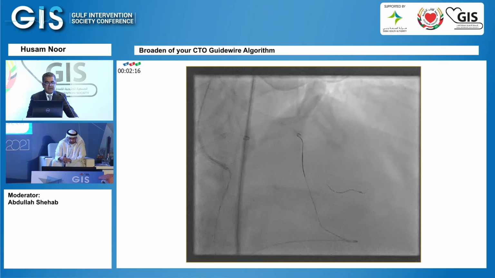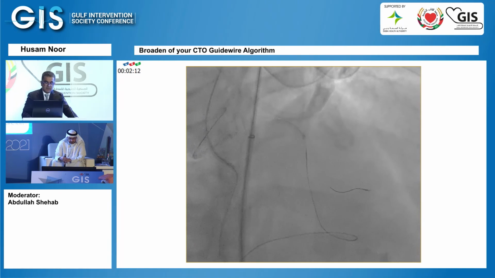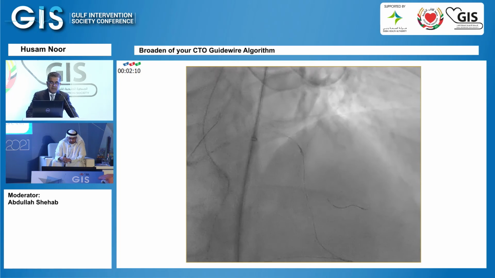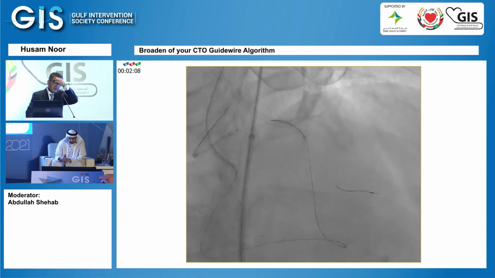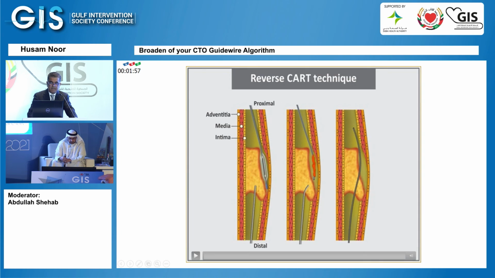So we did that with the Gladius, and the wire goes into the guide extension. And you advance your retrograde microcatheter, exchange your Gladius to RG3, which is your externalization wire. That's a reverse CART, what we did.